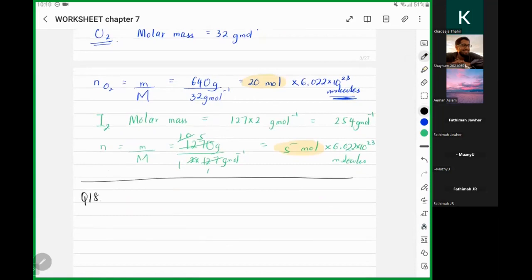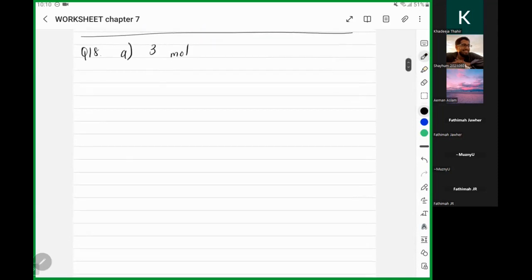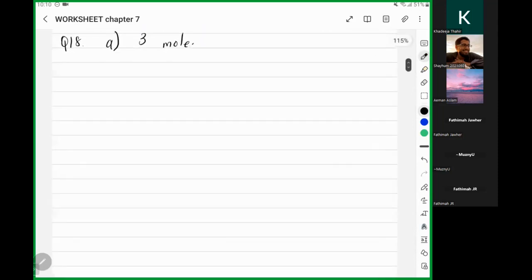Okay. Then question number 18. Last one. It says which contains the most number of atoms. Which contains the most number of atoms? A gives you 3 molecules of H2O. B gives you 3.011 into 10 to the power 22 molecules of N2.